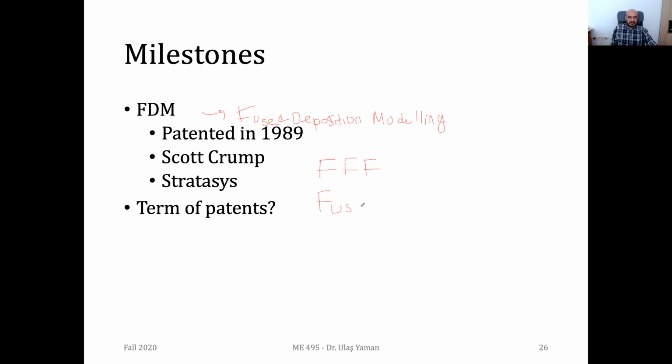This is, as you know, the most popular additive manufacturing technology. So as I said, highly difficult to write with this one. Fused filament fabrication. So in summary, this is a trademark of Stratasys's company. They always use FDM, but these days we prefer to use FFF, fused filament fabrication.